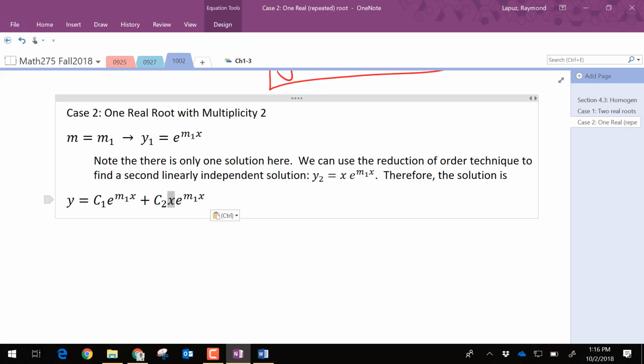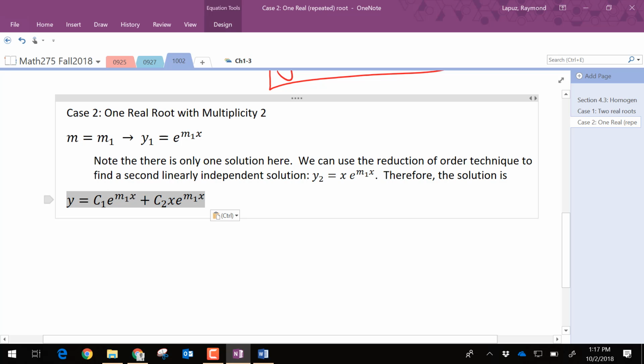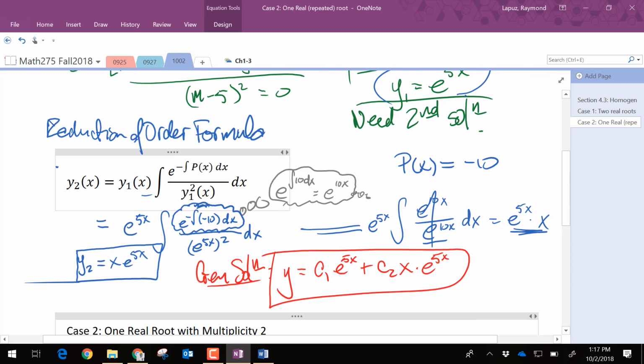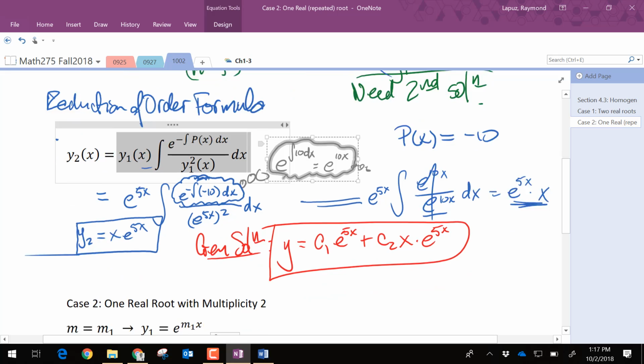All right. Case 3. Yeah. Are you talking about the constants here at the final answer, or the constants that come out when you do these integrals? In the final answer?